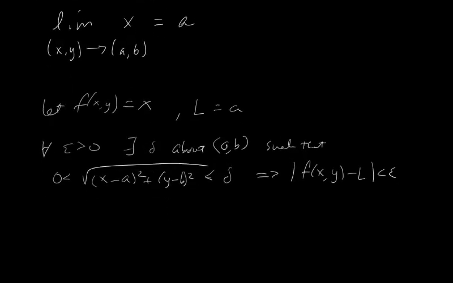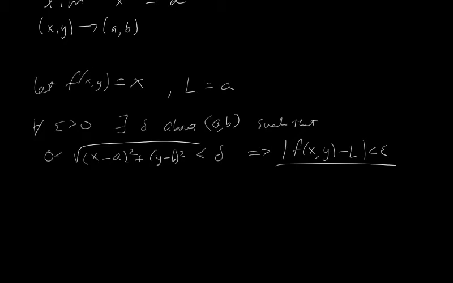So let's begin with the epsilon piece of it and see if we can find a delta that will work for us. The absolute value of f(x,y) minus L is equal to the absolute value of the function, which is x, minus the limit, which we're saying is a.